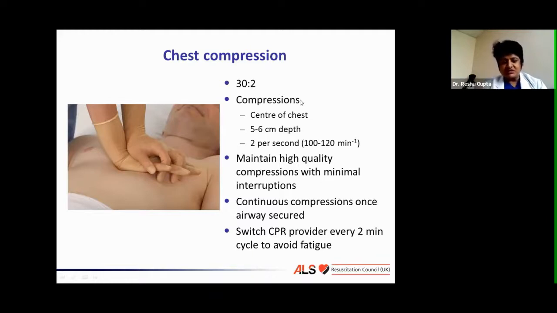On average, we have to have 2 compressions every second, and the compressions should continue once the airway is secured. They should not break in between, and every 2 minutes the roles should be switched. If we have 2 persons there, you switch the CPR provider after every 2 minutes.